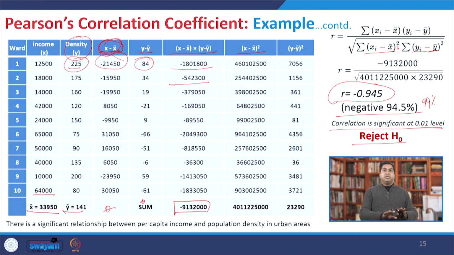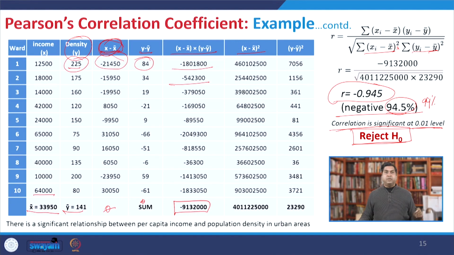Again I am telling you this is just hypothetical data, maybe in some region you may get a different value, but because the value is very high at 94.5%, and it is also significant at the 1% significance level, we reject the hypothesis stating that there is no significant impact of income level on population density in that particular area.